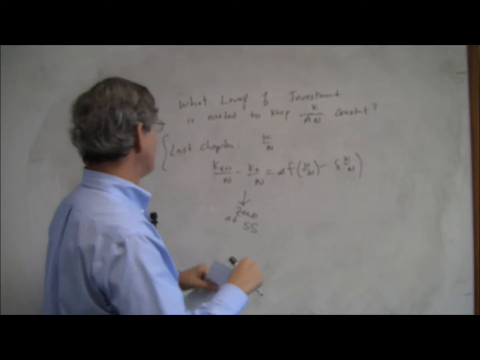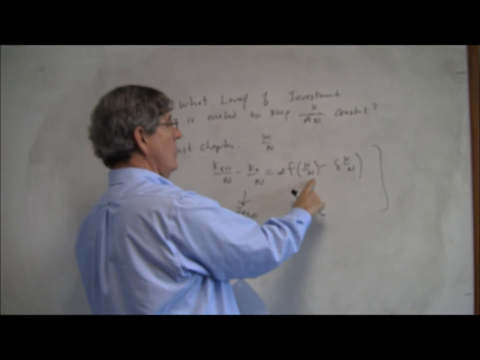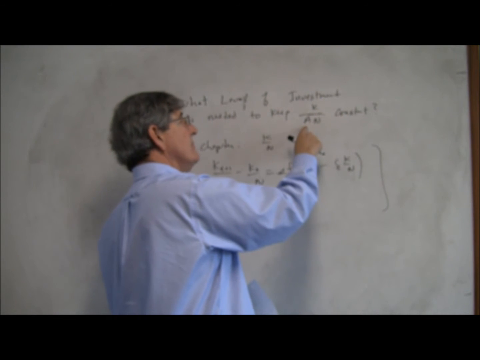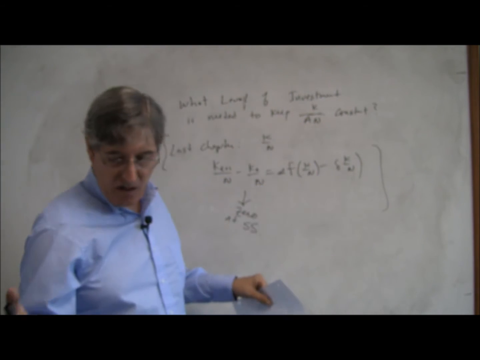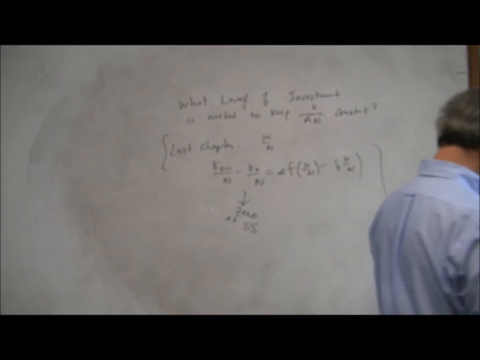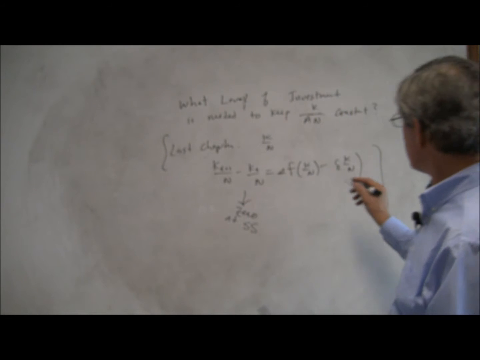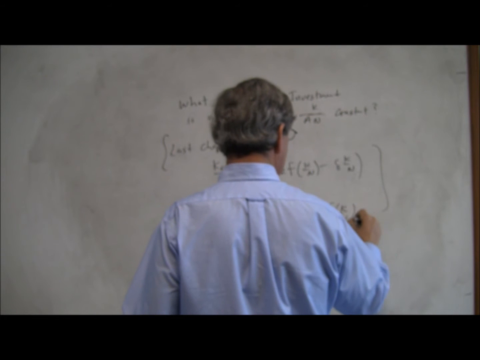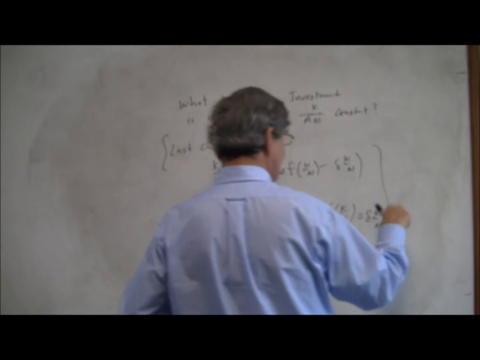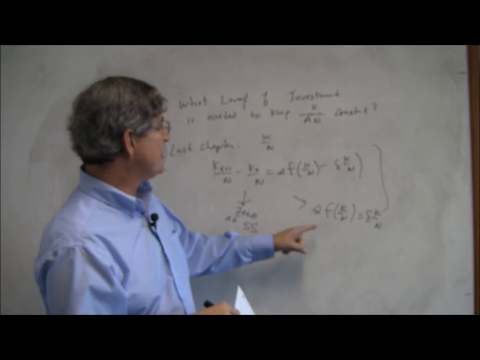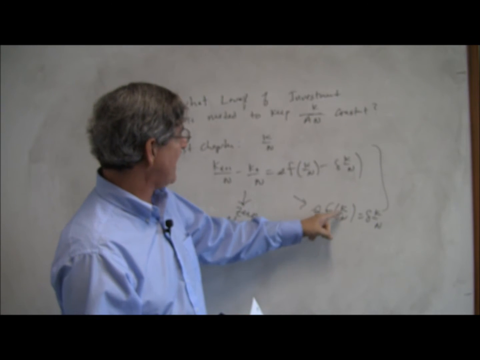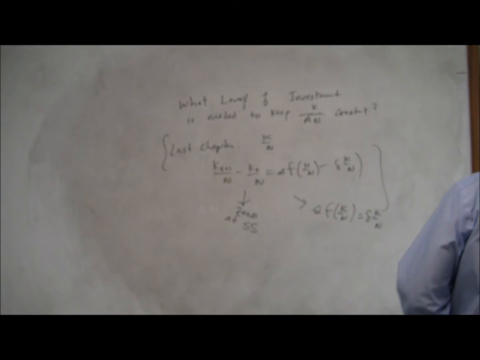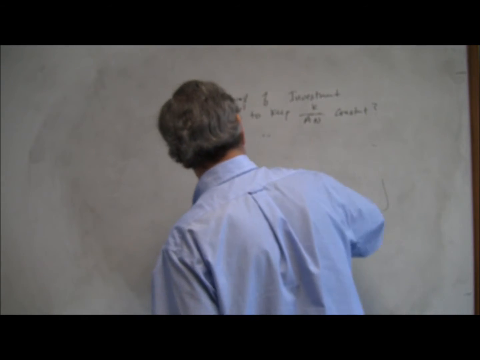Two differences in this chapter. We're going to let N grow, so this is going to be growing instead of a fixed number, and technology is going to change. So in the last chapter, what we ended up with was s f of K over N equals delta K over N. And that's what we did in the graph, if you remember. What's going to change here is this is going to have an A in it, K over AN, and this term is going to change a little bit, as we'll see. Okay, so that was the last chapter.